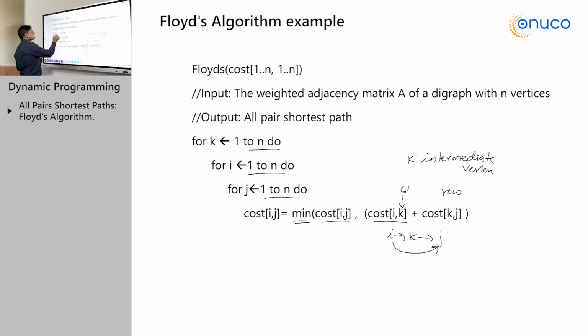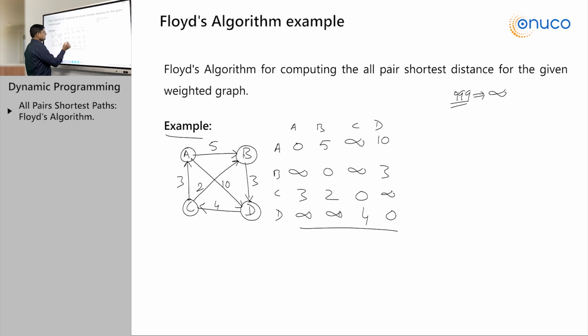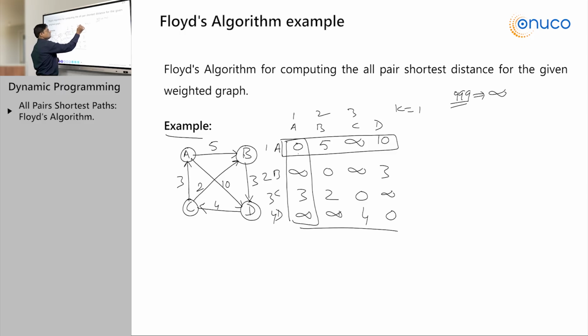But from where are you going to start the journey? We are going to start the journey from k is equal to 1. So if we take k is equal to 1, it means what? First row and first column we are going to select. I am going to represent the indices 1, 2, 3, 4 and 1, 2, 3, 4. K is 1, i is 1, j is 1.